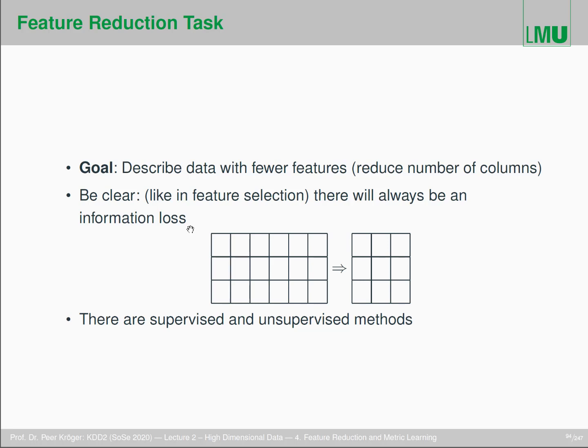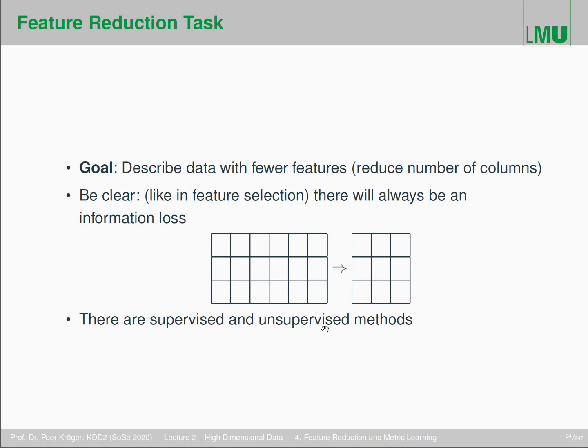And of course, all those feature reduction methods will try to come up with a different idea of information loss. And also be sure that there are some supervised methods which really need labels, but there are a lot of unsupervised methods. For example, PCA is unsupervised, so in that case, the methods do not care about any class labels, or can even work without class labels, which is good actually.